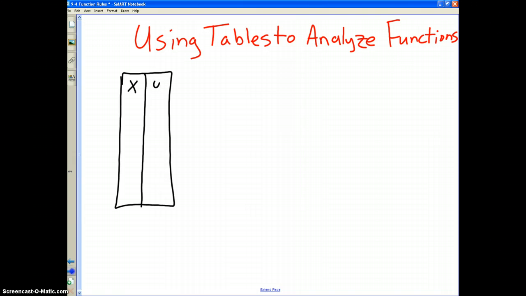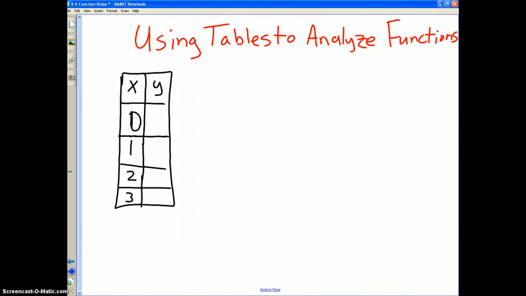We're going to have x and y. For x: 0, 1, 2, and 3.